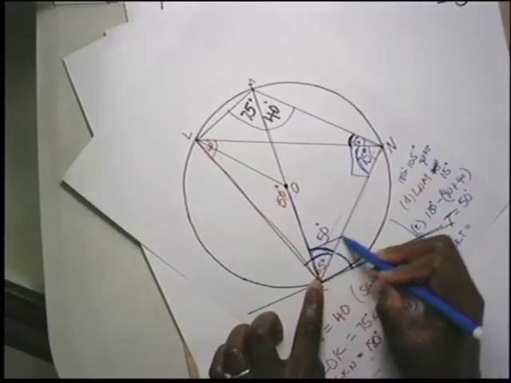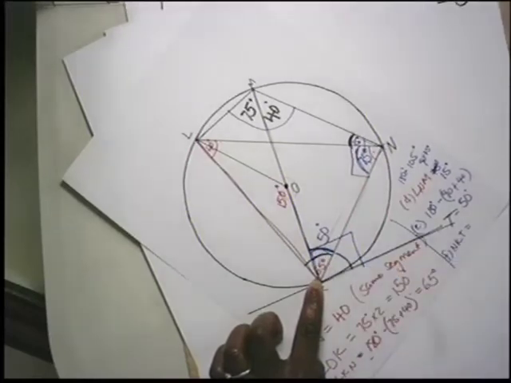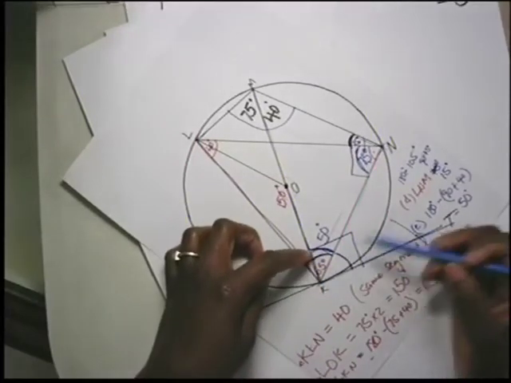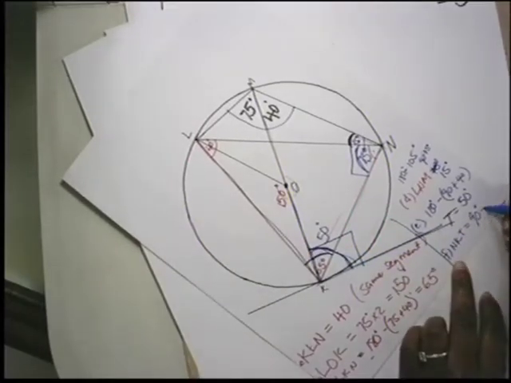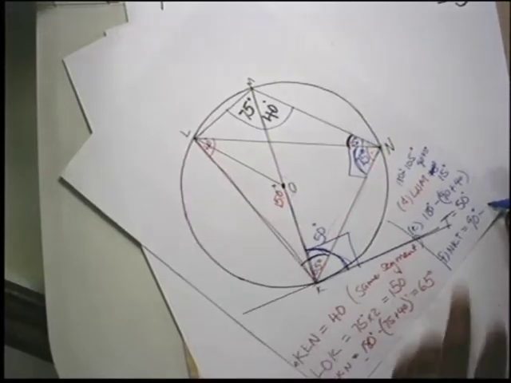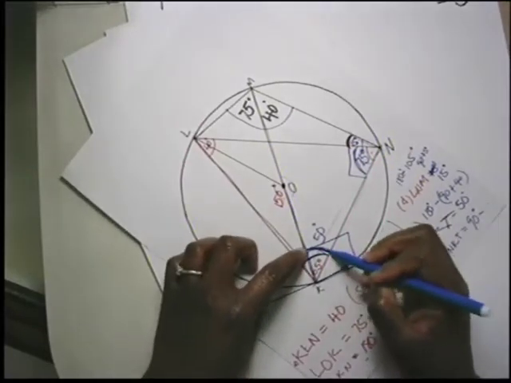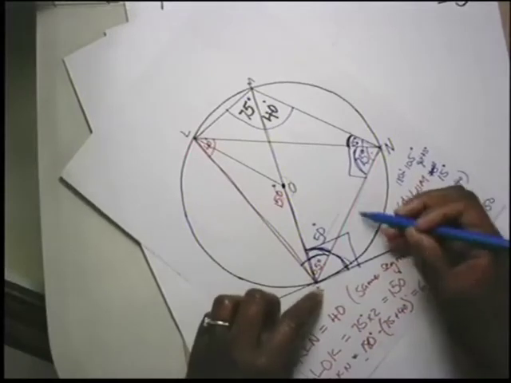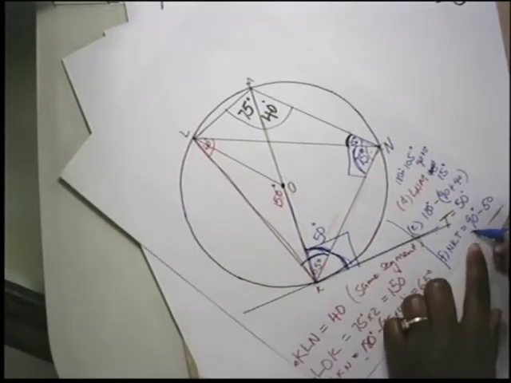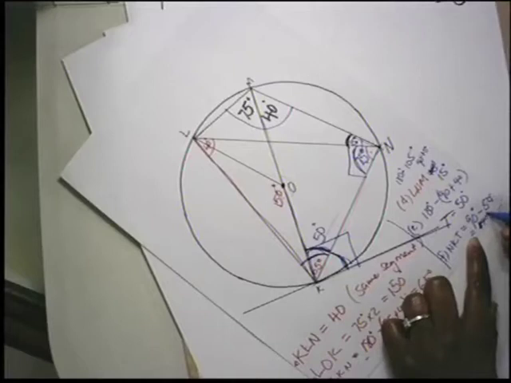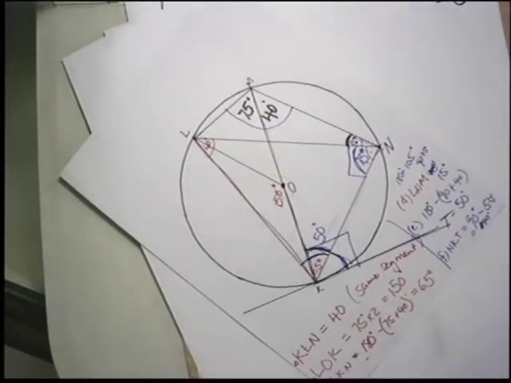Remember, this whole angle here is 90 degrees. Now work out this other angle. This is simple, just going to be 90 degrees minus 50, because we know the angle here already is 50. So the angle NKT, this other angle, is going to be 90 minus 50 degrees, which will give us 40 degrees. Okay, that's it for the angle in a circle.